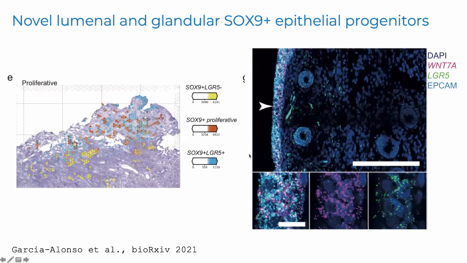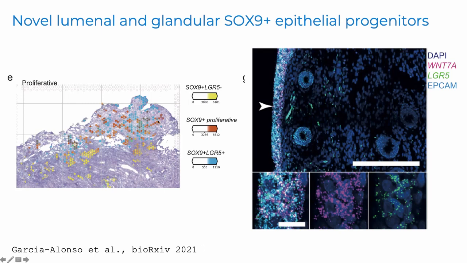So because we defined these SOX9 populations that depend on the expression of LGR5, we then wanted to see where they are located. And to do that, we used spatial transcriptomics, and then we used cell2location to integrate it with single cell and deconvolve the wells.